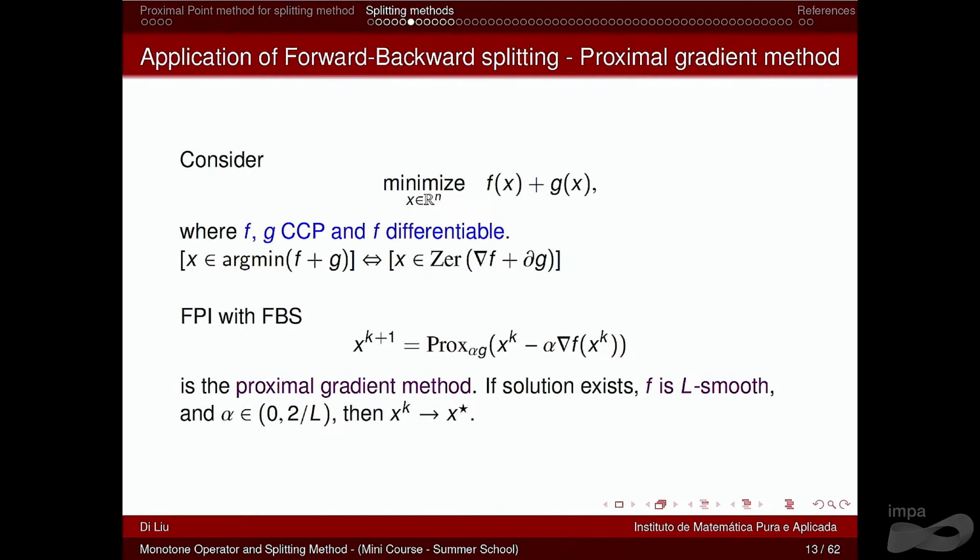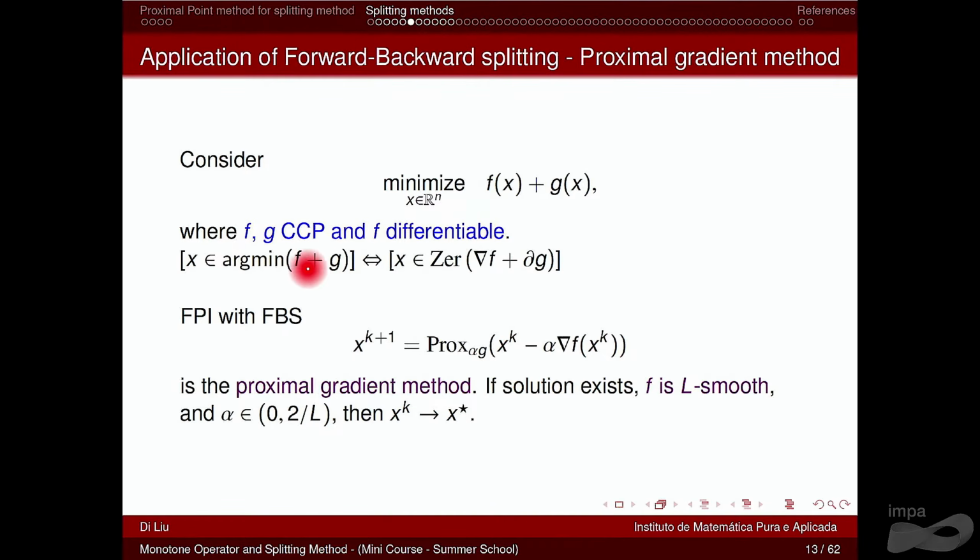Next, we will see an application of the forward-backward splitting, which is the proximal gradient method. We go back to the minimization of the sum of two CCP functions, and we assume furthermore that f is differentiable.